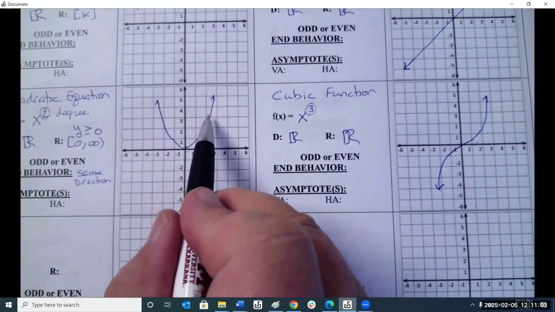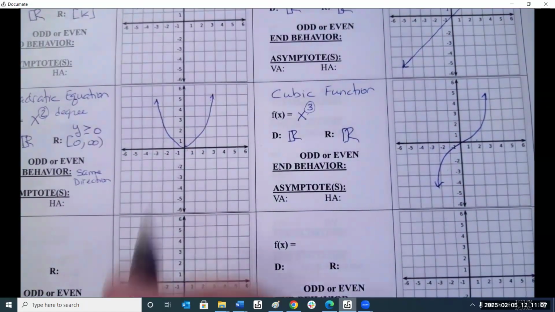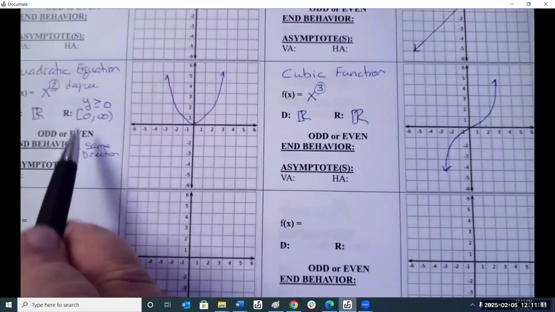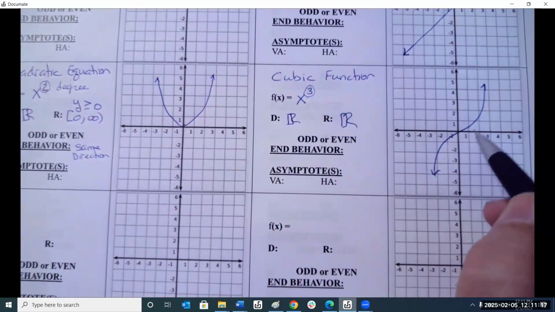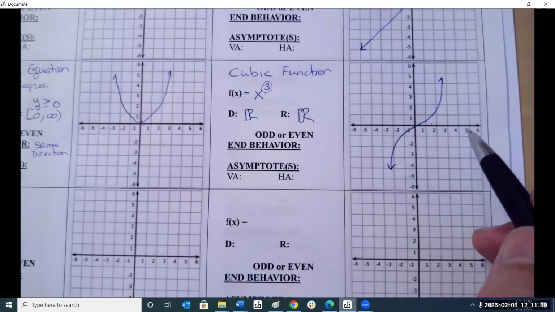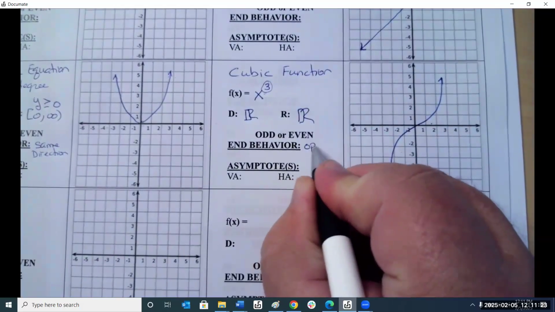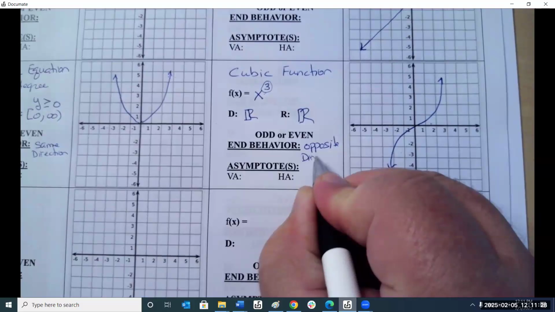If A is positive, it points up. If A is negative, it points down. So if there's a negative in front of our x squared, we know the graph points down. Same thing here now. For an odd powered function, the end behavior is they have to point in opposite directions.